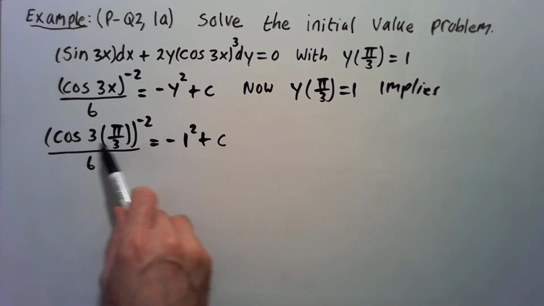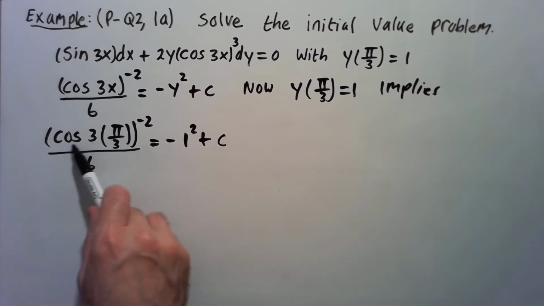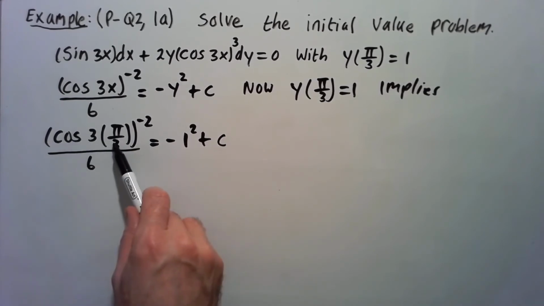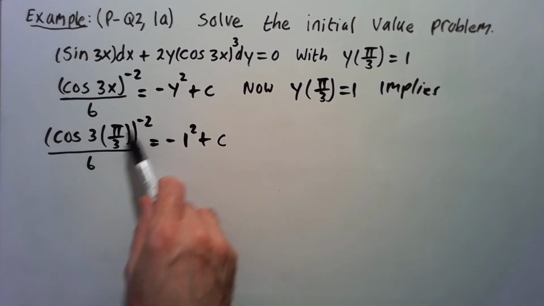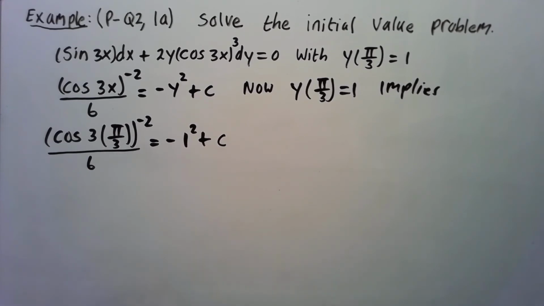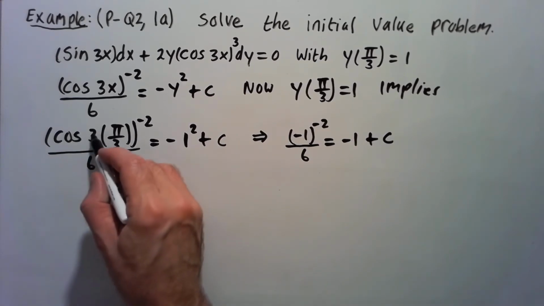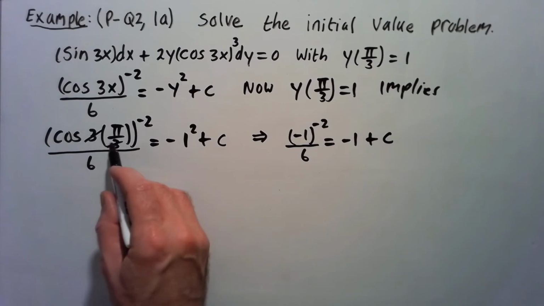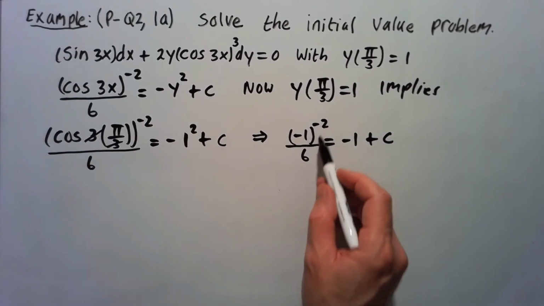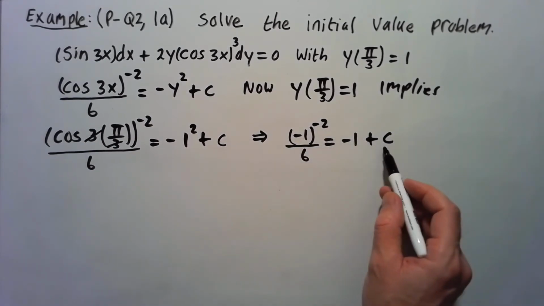So this is cosine of pi when you simplify it, because the 3's cancel, and cosine of pi is minus 1. So it'll be minus 1 to the minus 2 over 6 equals minus 1 plus c.